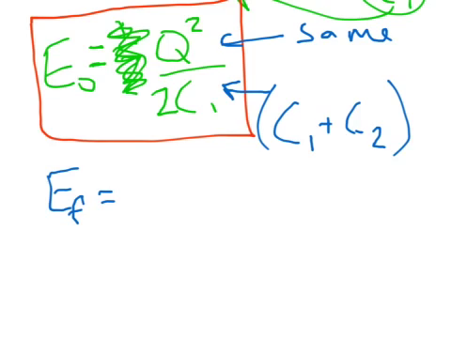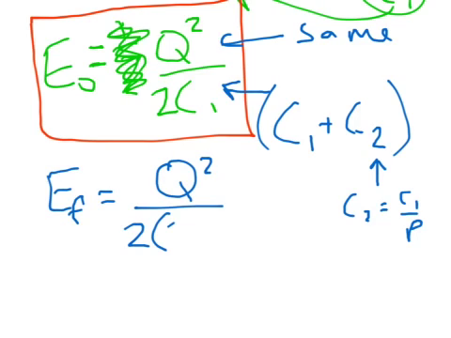The change will come out as a factor of P, because remember, C2 equals C1 over P. So we're going to have a little awkward mathematical thing going on there. Let's do this anyway. Q squared over 2(C1 plus C2).